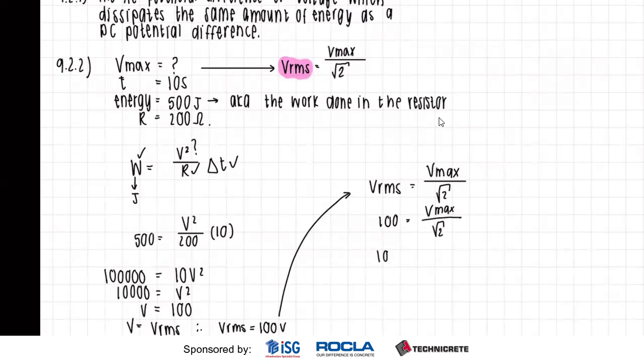Therefore, the maximum voltage is 141.42 volts. Okay, and that is how we work out this question.